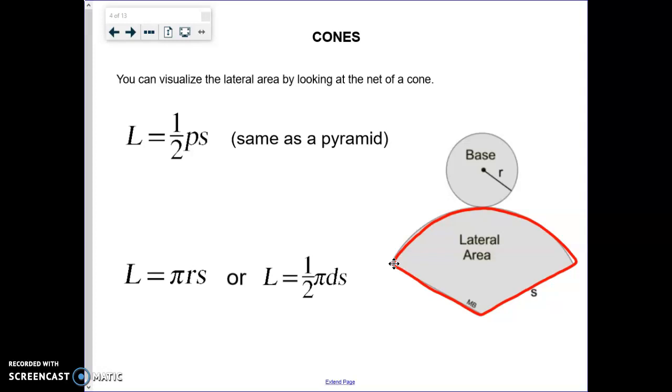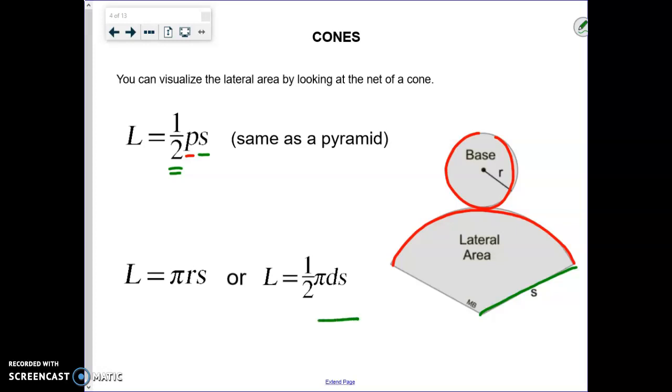If you take a look here, to find the lateral area, this right here is the same as the perimeter of this base. That's where we come up with that, okay? Then you take it times the slant height, there's the slant height, and then times 1/2, okay?